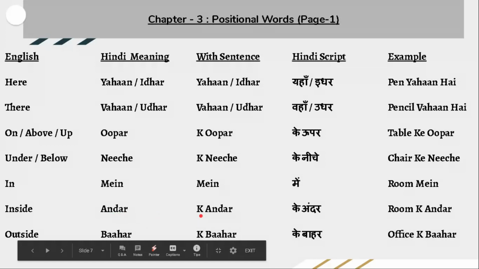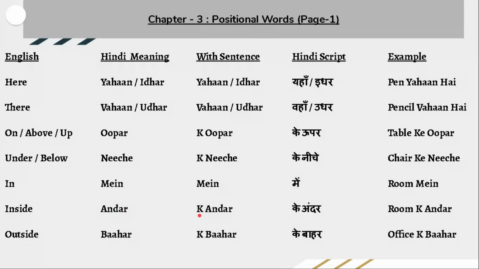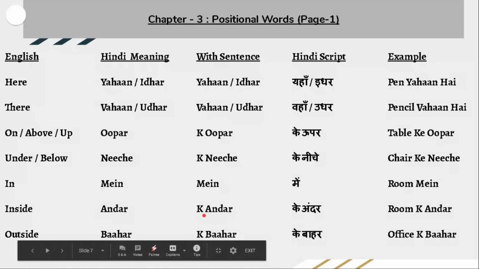When it has to be used with the sentence, it will become ke andar. Room ke andar. Office ke andar. Next, outside. Outside is called bahar. When it has to be used with a sentence, the ke will be added with it. Ke bahar. Example, outside of the office. Office ke bahar. Now let me explain one more time only the examples.